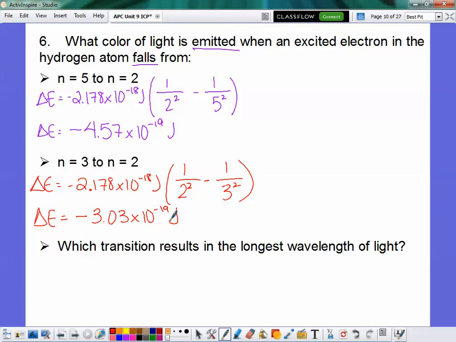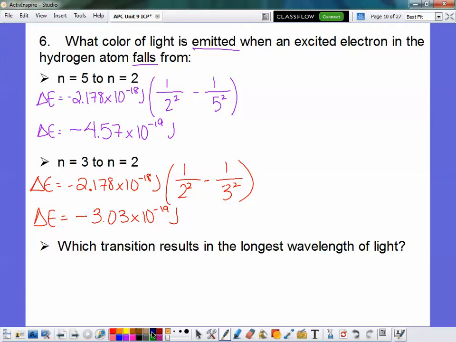It's more of the conceptual part of this that you need to worry about. So an electron traveling a shorter distance will emit a light with less energy. Okay, that's the part you need to know. So now, in terms of wavelength, remember, what's the relationship between energy and wavelength? Indirect.